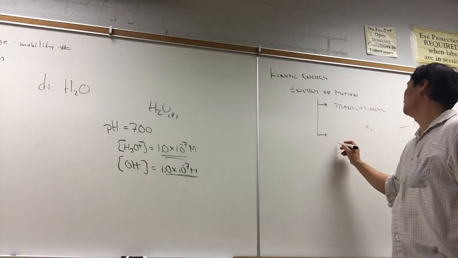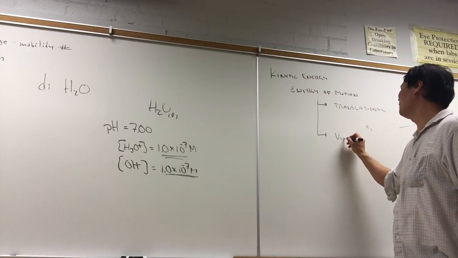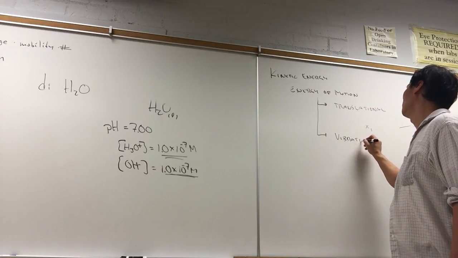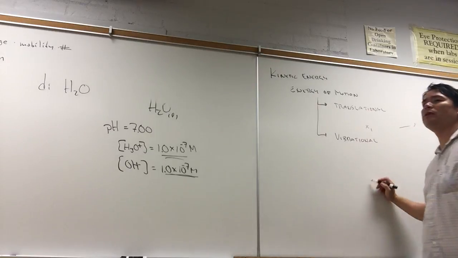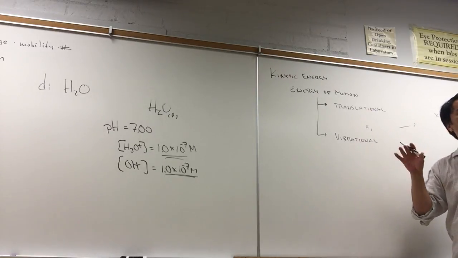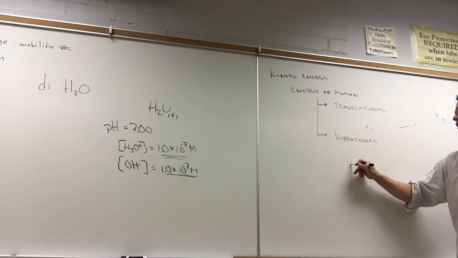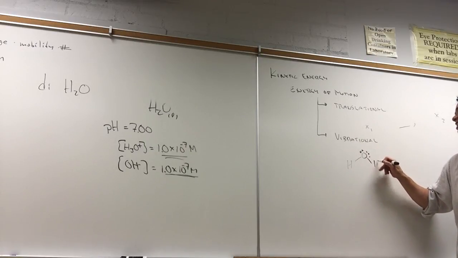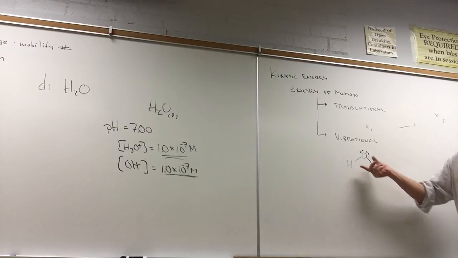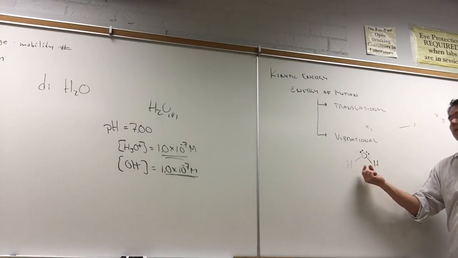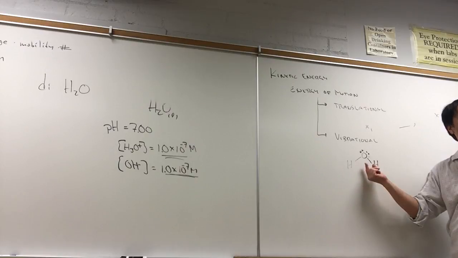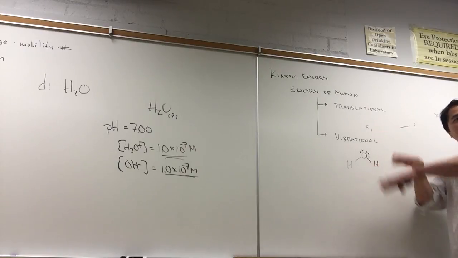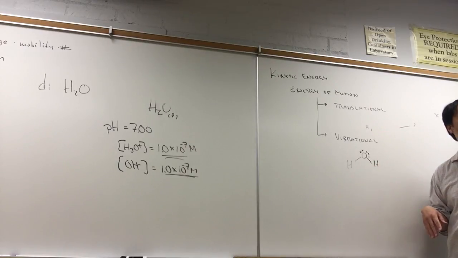The second type of motion is called vibrational motion. Vibrational motion happens with the bonds. And so a water molecule can vibrate. That is, the bonds can go in and out like this, and the bonds can scissor towards each other like this. And then you have some kind of rocking type motion.